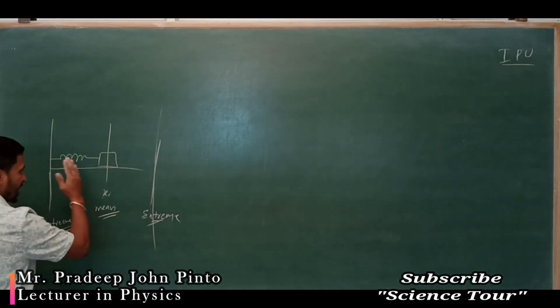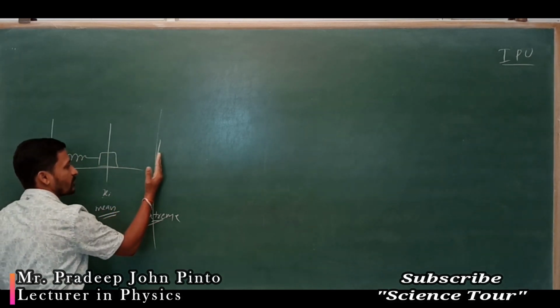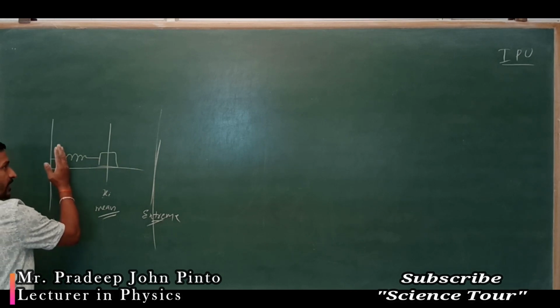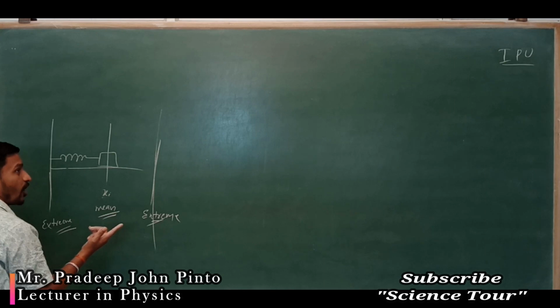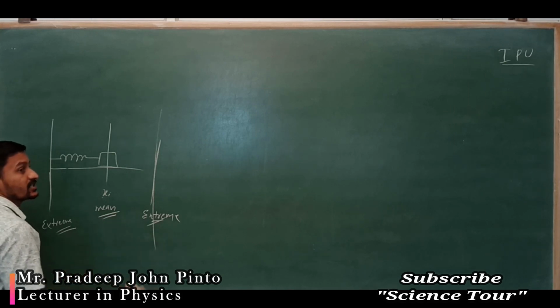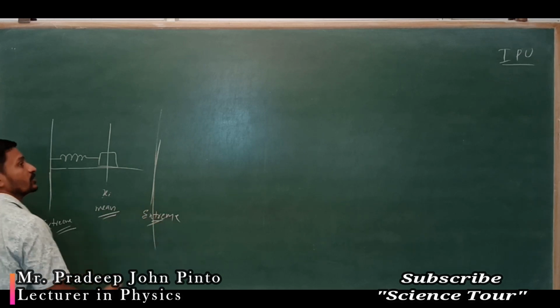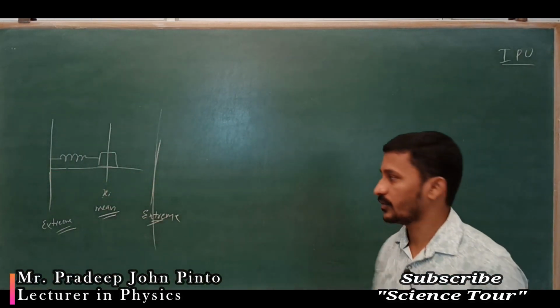So in the extreme position it stops for a while, in the other extreme position it stops for a while, but at the mean position it never stops. That means the velocity is maximum at the mean position, and in the extreme position the velocity is minimum, or I can consider it as 0.